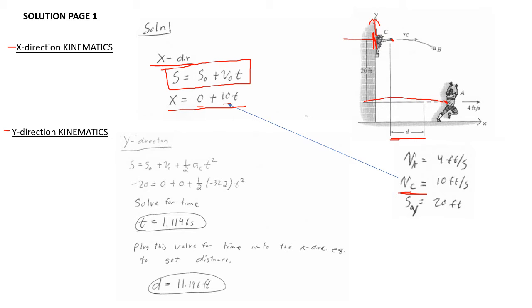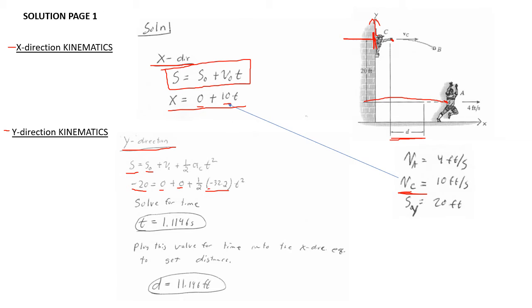So we have a negative 20 for our final position. Our initial position where it's released from is going to be 0, plus our initial velocity. In the Y direction, it doesn't have a Y component to velocity, so our initial velocity in the Y direction is going to be 0, plus our 1/2 a C t squared. Acceleration due to gravity is 32.2 feet per second squared.